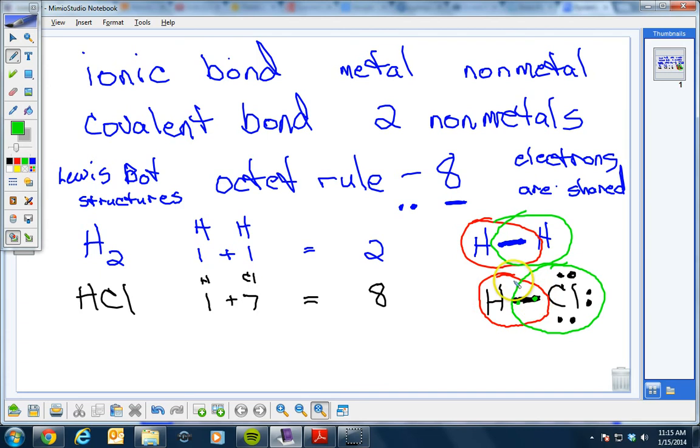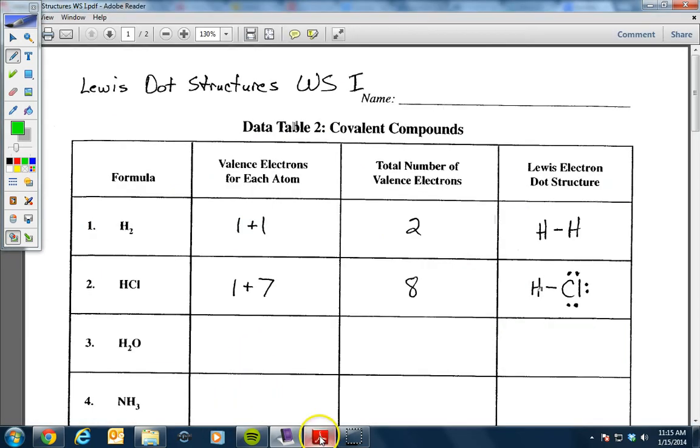So these 2 belong to the hydrogen and the chlorine now because they're shared. But these sets of dots, 2, 4, 6, only belong to the chlorine because chlorine isn't sharing everything there. Alright? The 2 I've just done are the 2 that are currently on your homework. So I just did H2 and HCl.